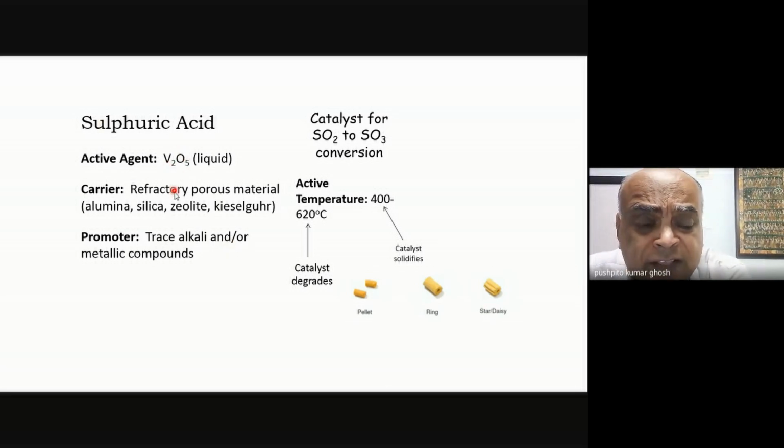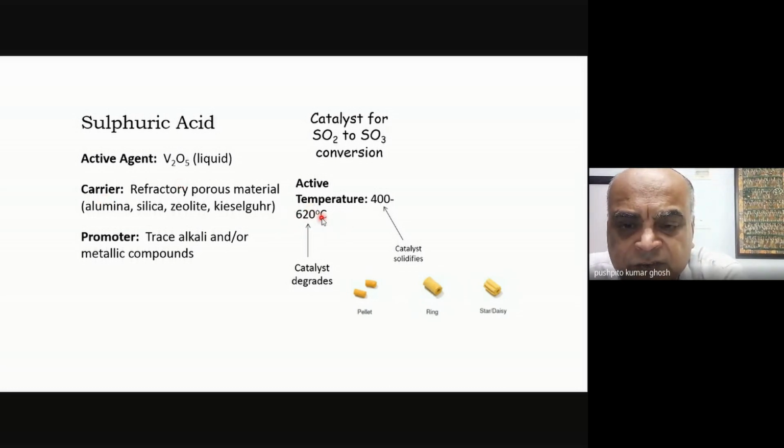All the cleverness, the trick is all around this. Everybody knows vanadium pentoxide, V2O5, you can buy it in the shop. But the name of the game is how to play around with all of this so that you can minimize the activation barrier, lowest activation energy, and you can speed up the reaction, and also that your catalyst will not degrade.